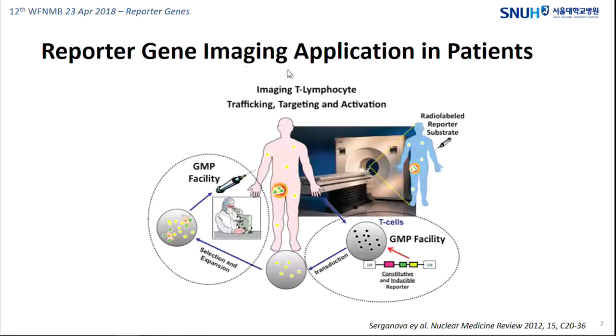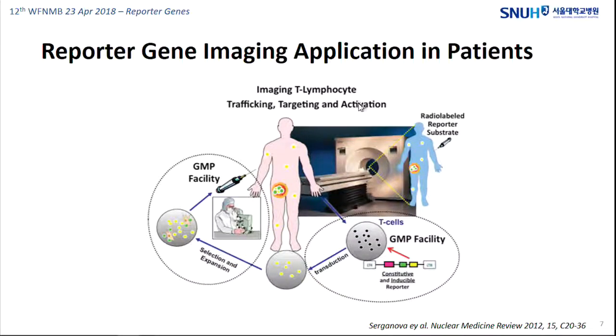So in this case, recently the chimeric antigen receptor transduced lymphocyte treatment is very well introduced, and the trafficking, the targeting, and the activation of those T lymphocytes is really important.